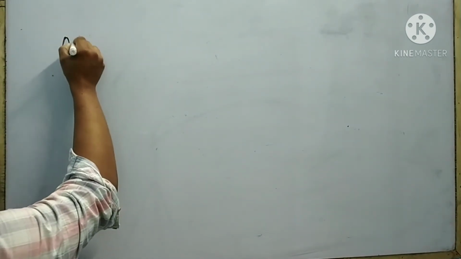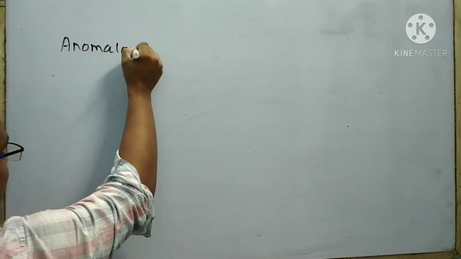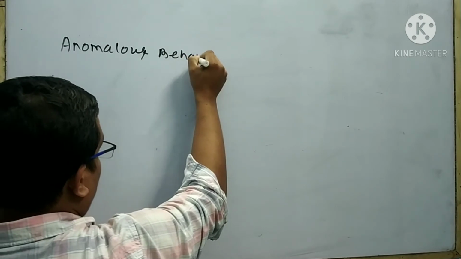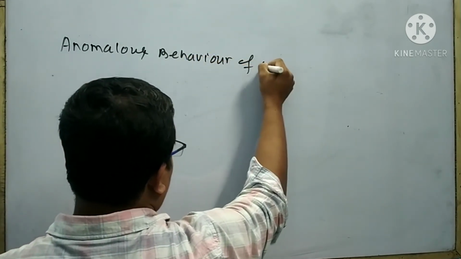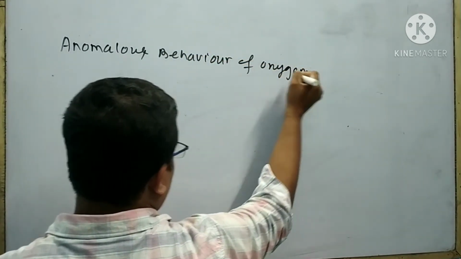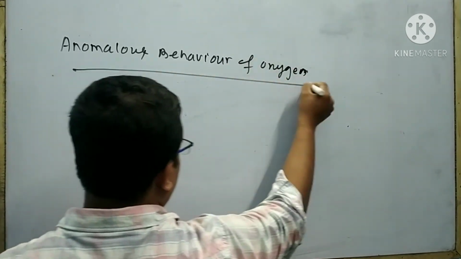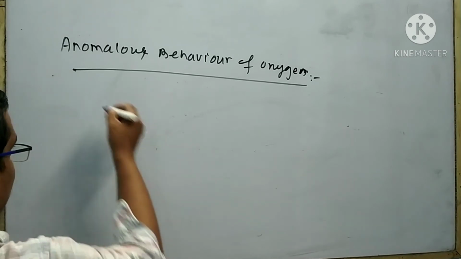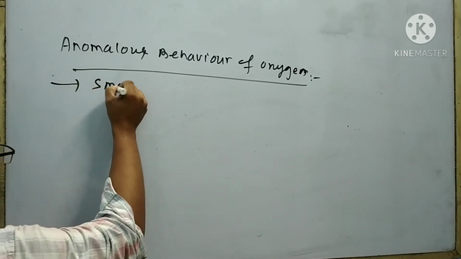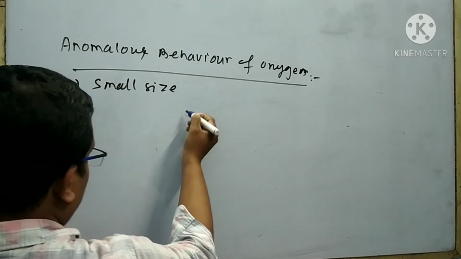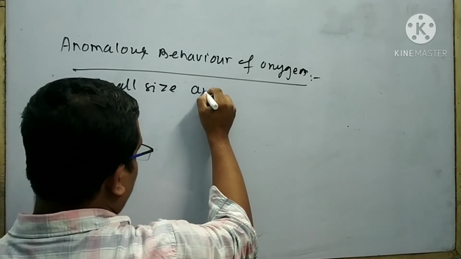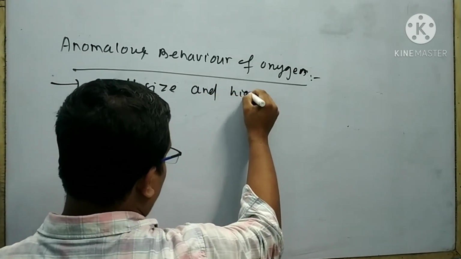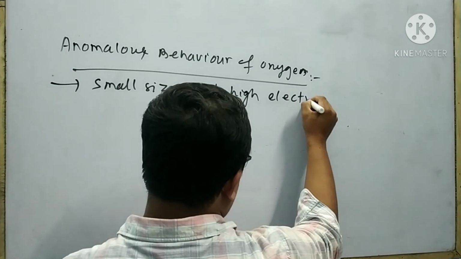Next I will discuss the anomalous behavior of oxygen. The anomalous behavior of oxygen is due to, number one, the small size of oxygen, and also oxygen having high electronegativity.